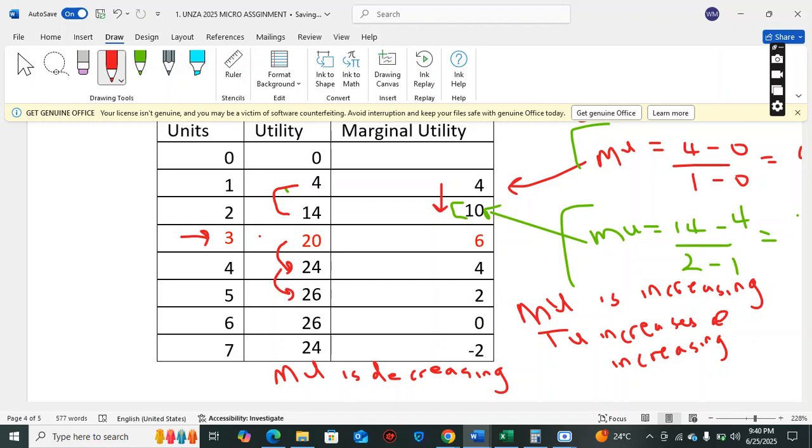Here the increment was by 4 and by 2. But here the increment was by 10. And if marginal utility was still increasing, there would have been a bigger jump. But when marginal utility starts decreasing at first, total utility increases at a decreasing rate.